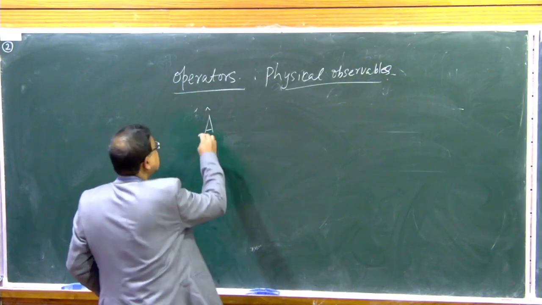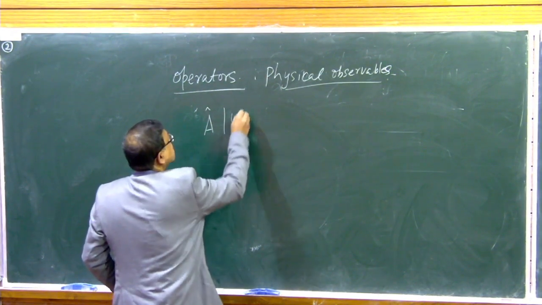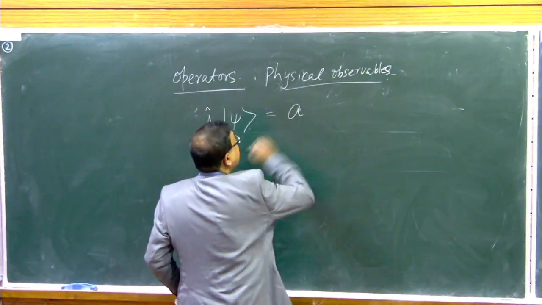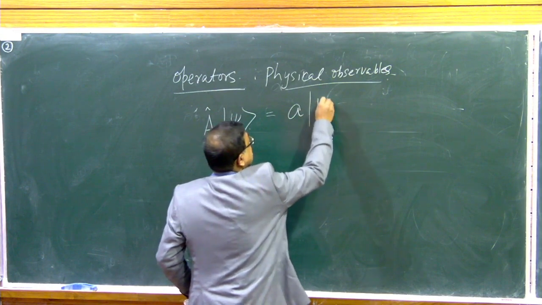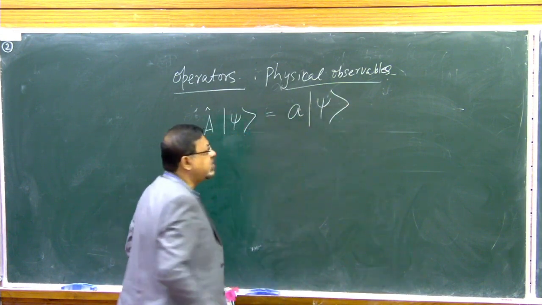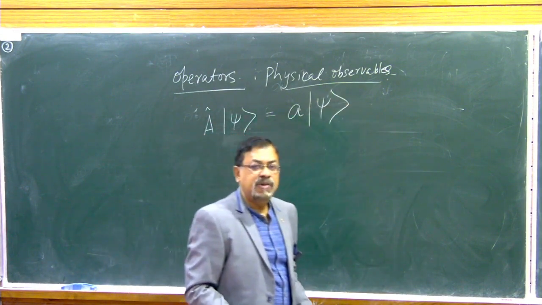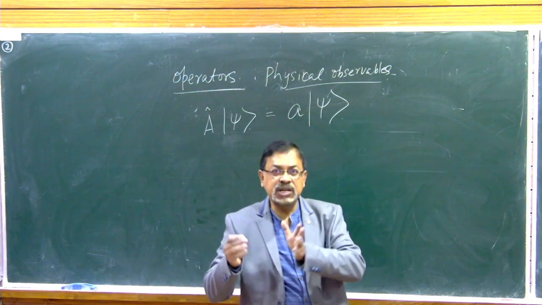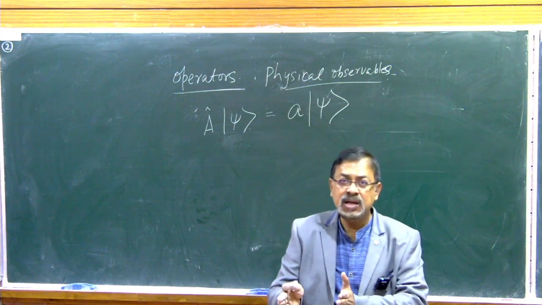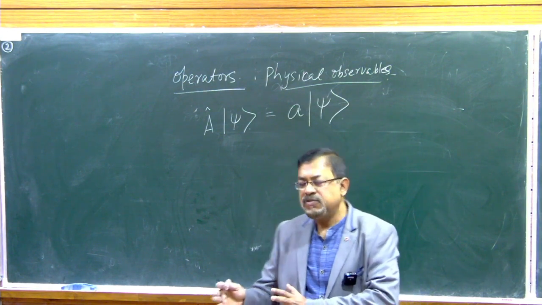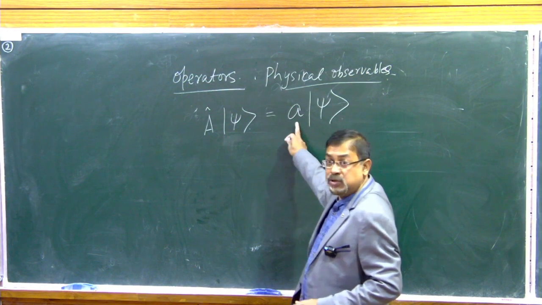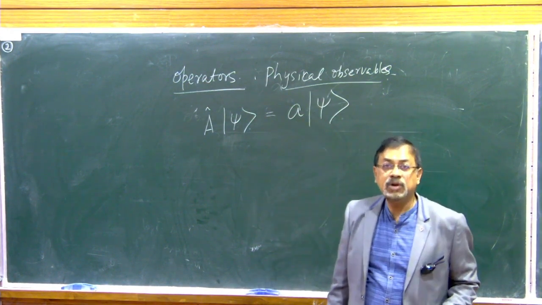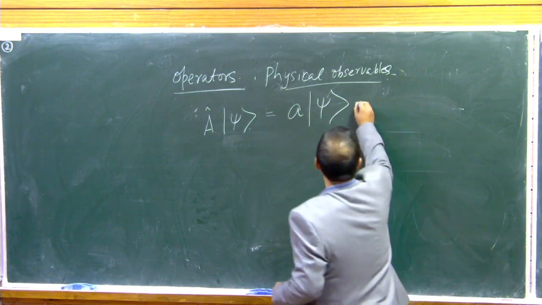This acting on the state gives me an eigenvalue, which is a German word, and returns me the wave function itself. So an operator acting on a state of a particle gives me a value corresponding to that state and returns me the wave function. This is called the eigenvalue equation.